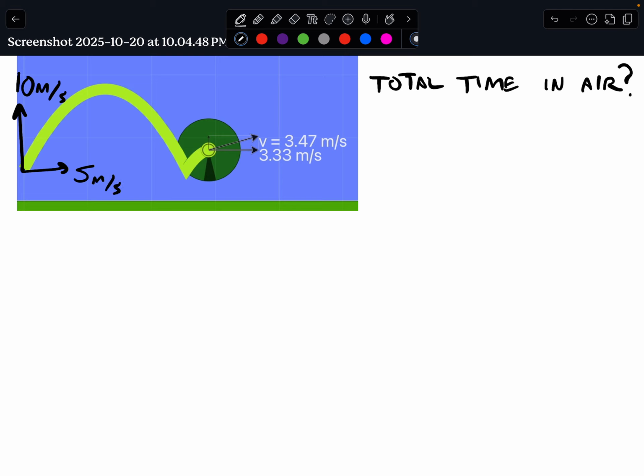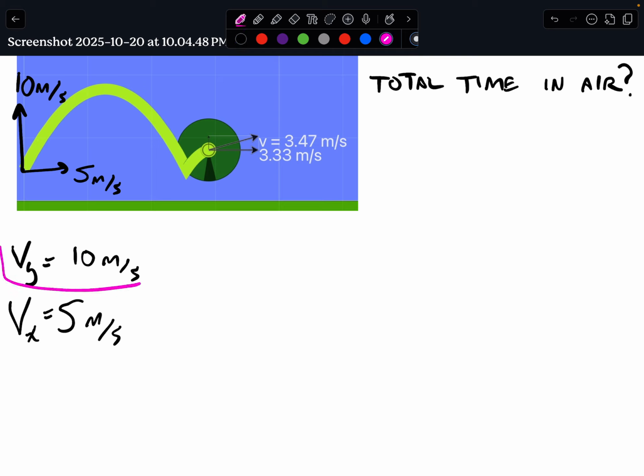We're going to label those two velocities Vy, that's vertical velocity in the y direction, is 10 meters per second initially. And in the x direction, it's 5 meters per second. And the velocity that determines how long it's in the air is going to be this vertical component right here.